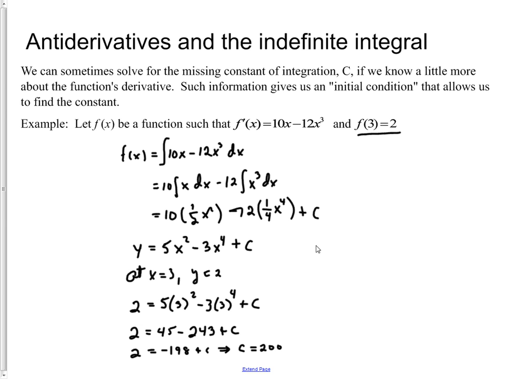And so our function, f of x, must be the function 5x squared minus 3x to the 4th plus 200 to make that all work out.